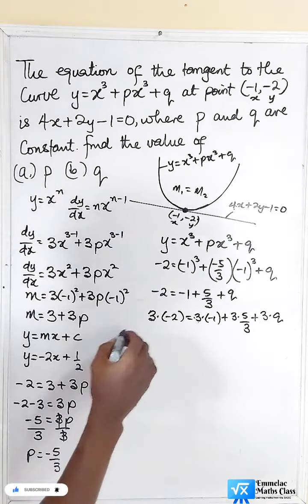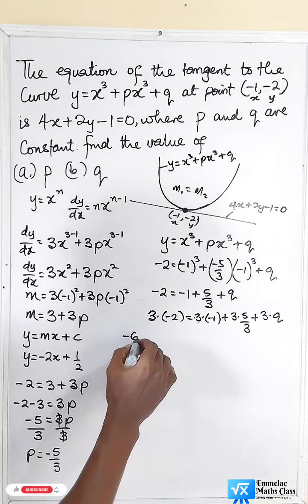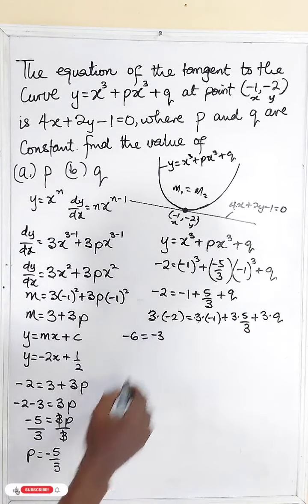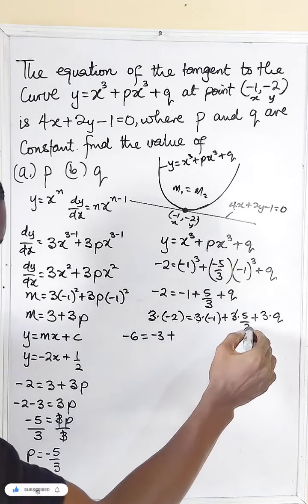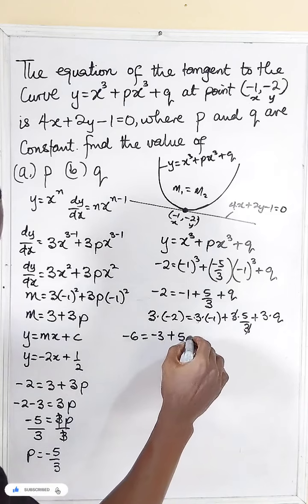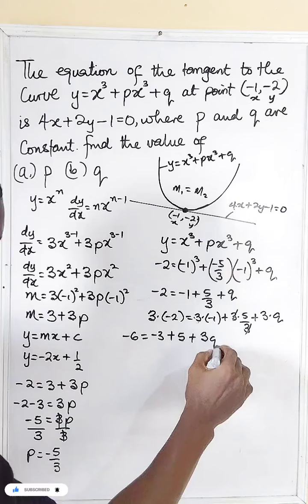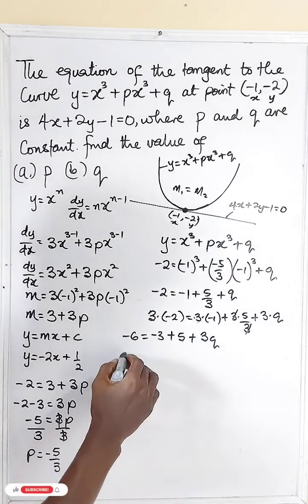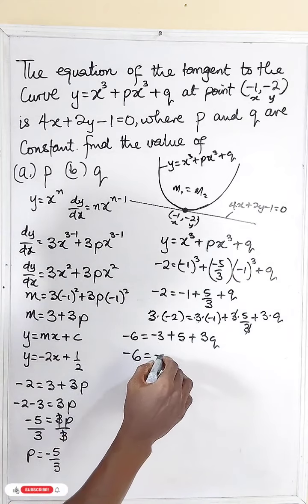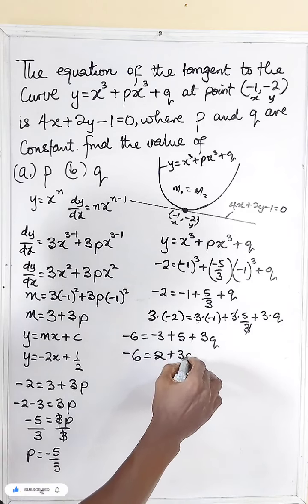We end up having negative 6 equals negative 3 plus 5 plus 3q. Now negative 3 plus 5 gives us 2, so negative 6 equals 2 plus 3q.